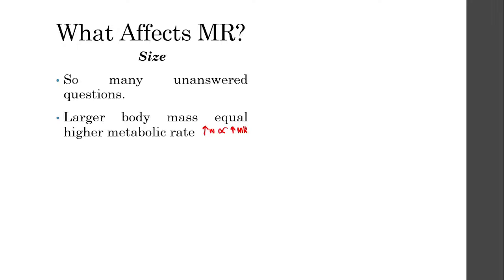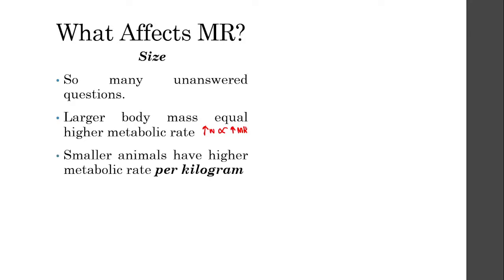But if you look more closely and measure the weight per kilogram, rather than the whole weight itself, what we notice is that there is an inverse relationship. The smaller the animal is, the higher their metabolic rate per kilogram.